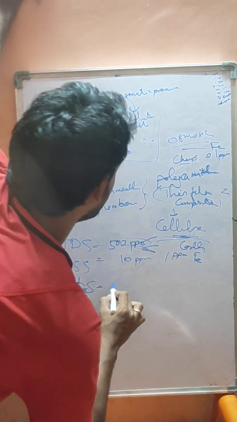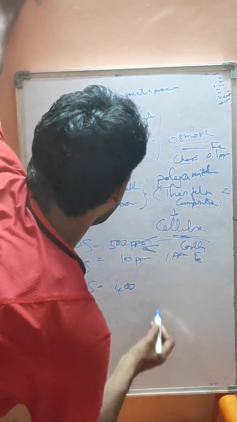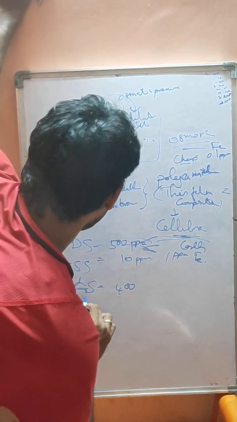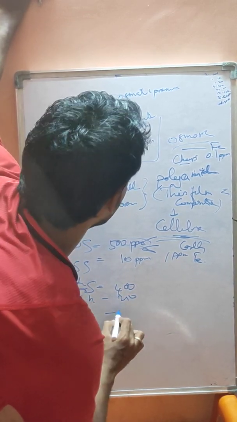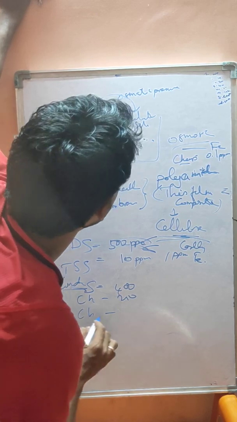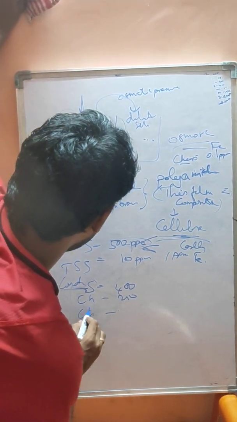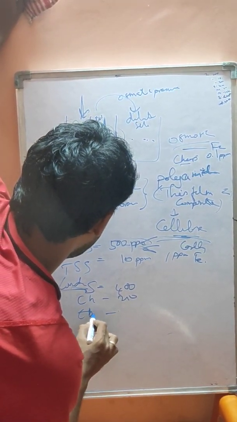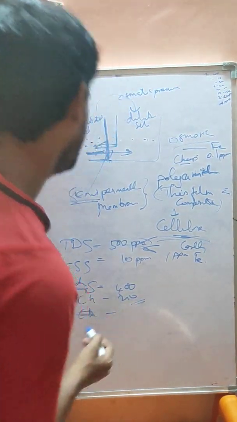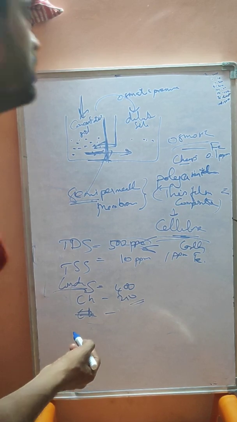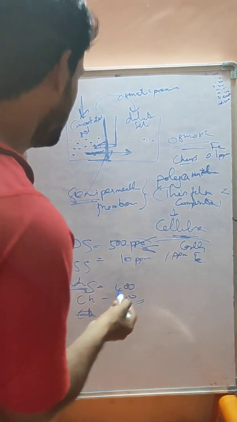Sulfate we can go up to 400, chloride 250, and silica.